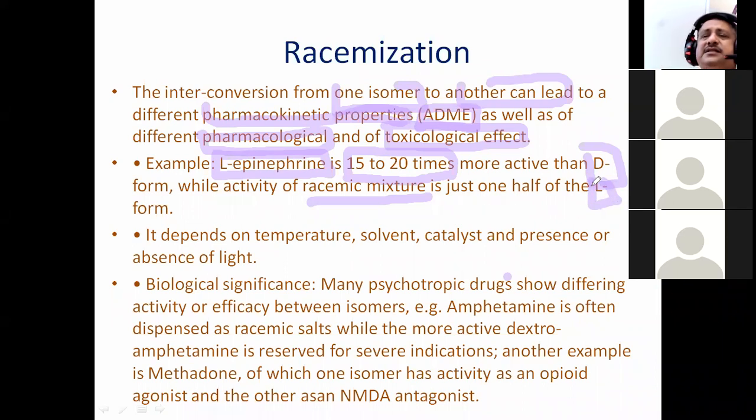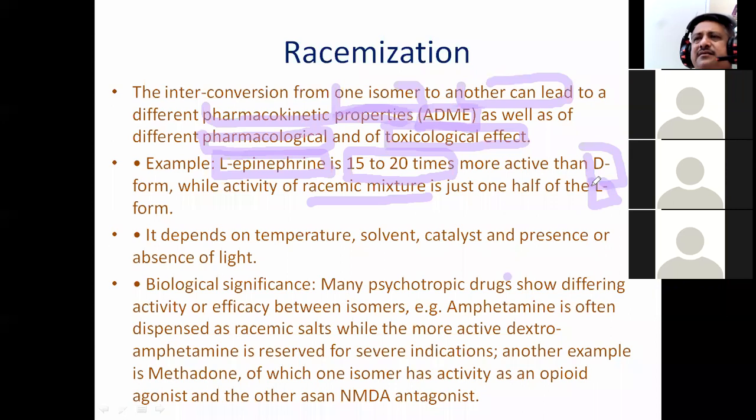From this, what you can understand is that if you are directly using a racemate, where you have a combination of levo as well as dextro epinephrine, it has just half of the activity as compared to L-epinephrine, which has 15 to 20 times more activity.